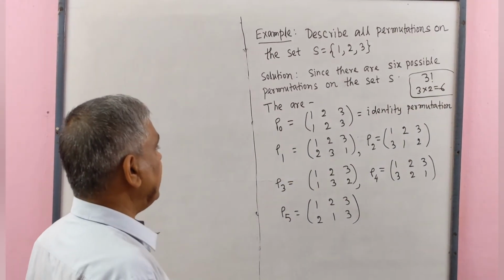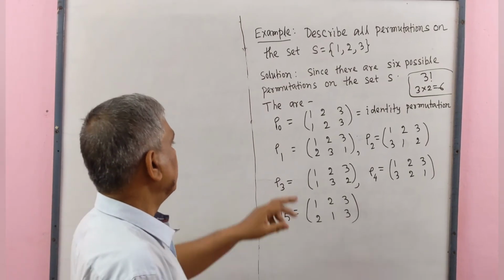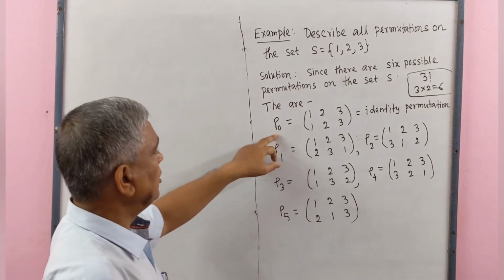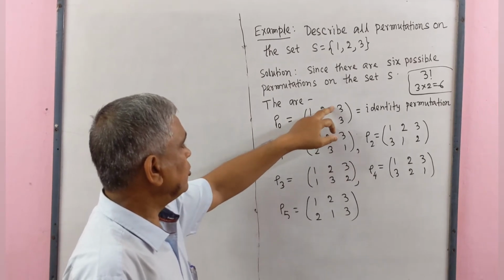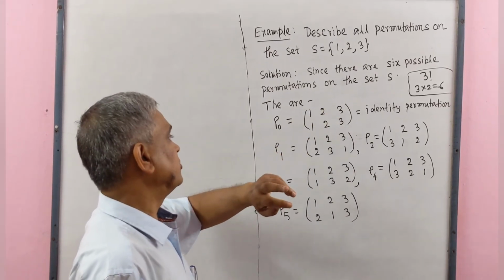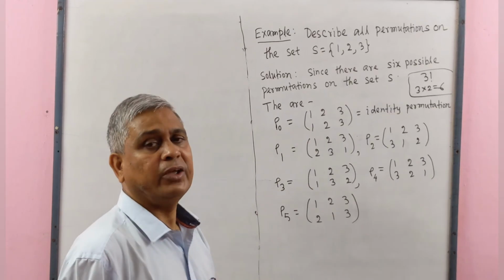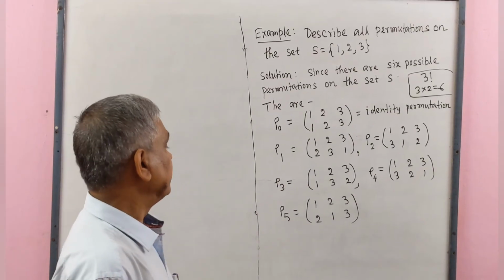These permutations are row 0. Here the image of 1 is 1, image of 2 is 2, image of 3 is 3. This is called the identity permutation.